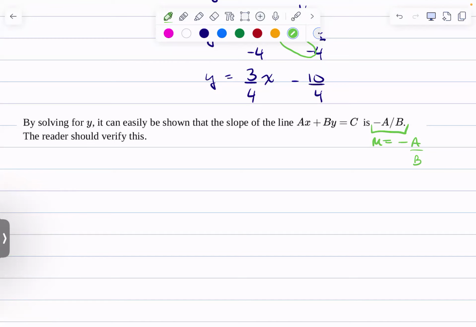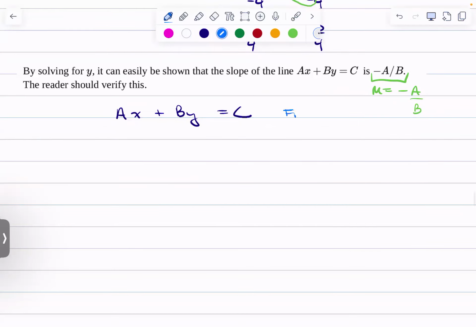Okay? And so let's see how does that work? It's also a really good exercise in working with just the variables, not numbers, right? And so ax plus by is equal to c. Now, if I want to show that the slope of this line is negative a over b, then the easiest way to do that is to rearrange this into y equals mx plus b.